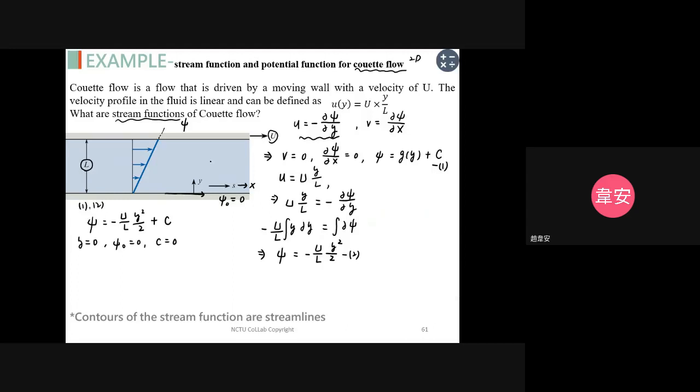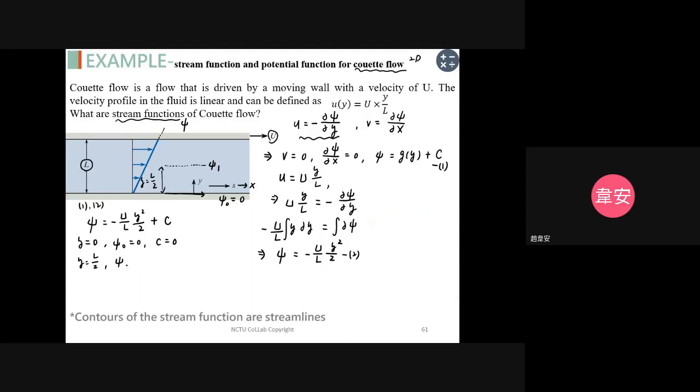Okay, so how about the stream function in the middle part? In the middle part, we may call it ψ1. We know that the y distance is half of L, so y is L over 2.